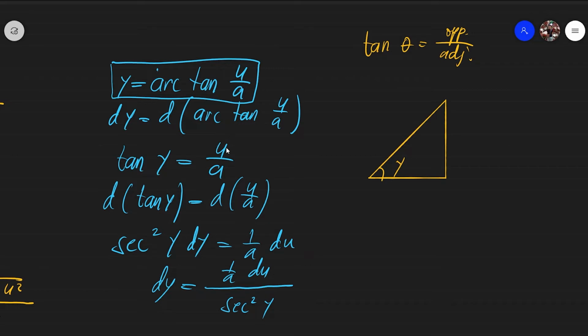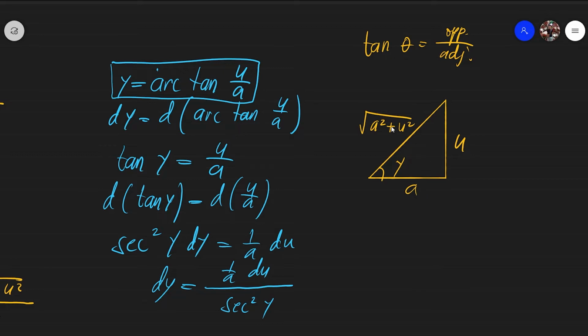So the u here is the opposite side of the angle, over the adjacent. So your adjacent side is a. Now, from this you can find the length of the hypotenuse, and that is equal to the square root of a squared plus u squared.